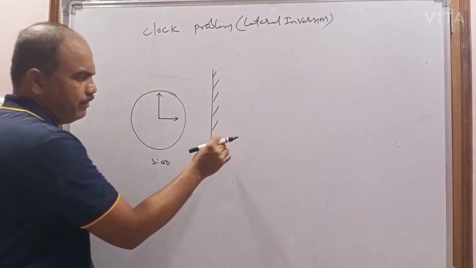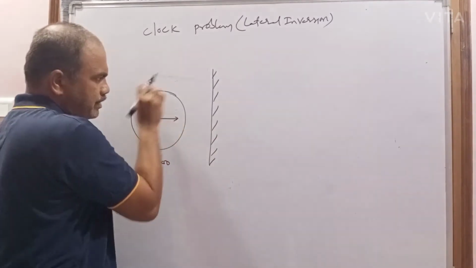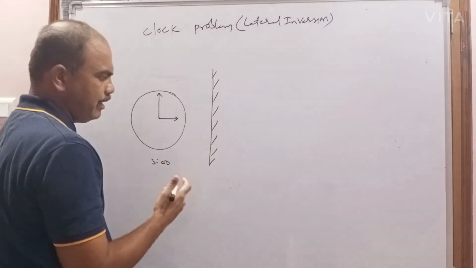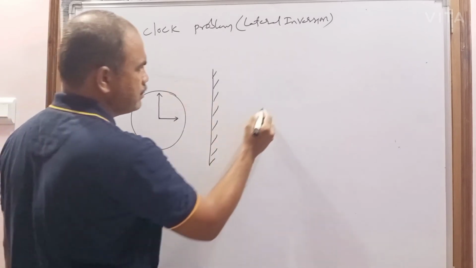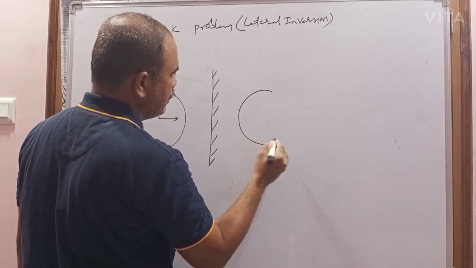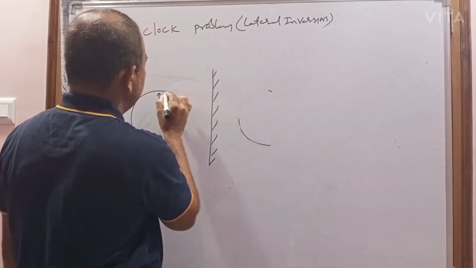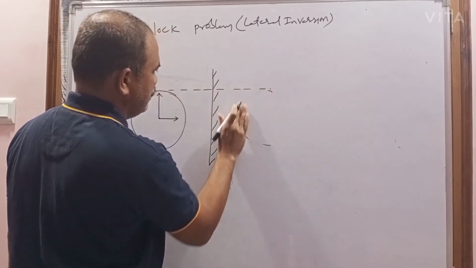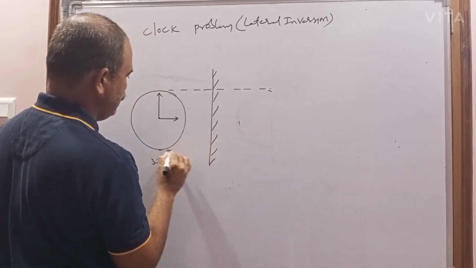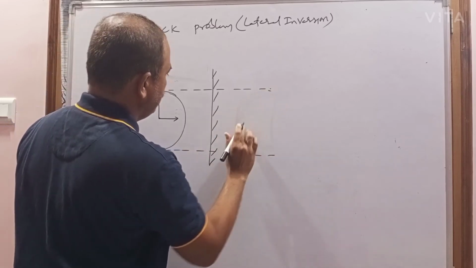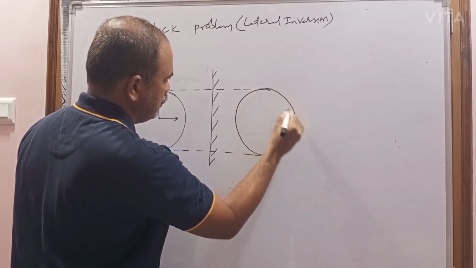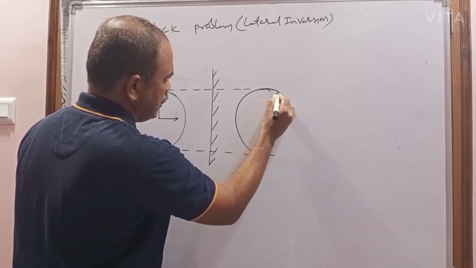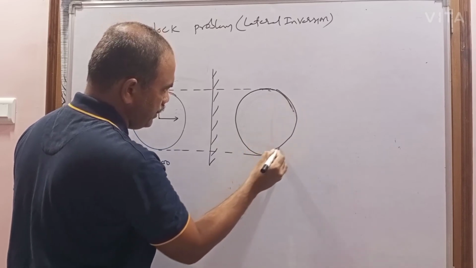Now when this plane mirror forms the image of this clock behind the mirror, it is formed at the same distance inside the mirror. Now consider here. I am not drawing exactly, but feel it is exactly a diagram.